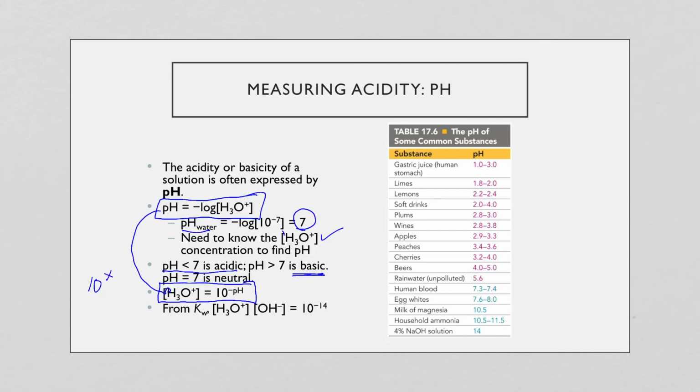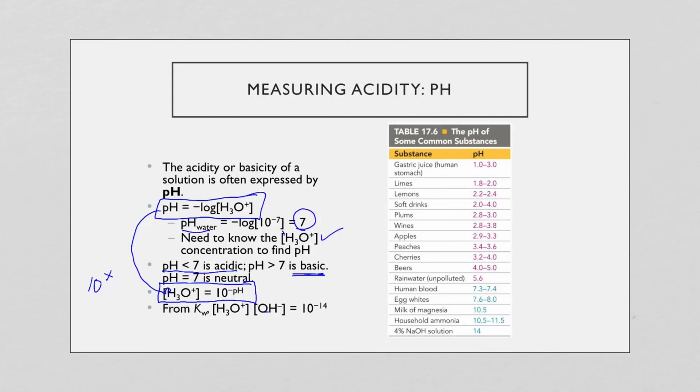And so if I know one of these, I can find the other one. So that gives me a way to get to pH. Or if I know the pH, I can find the hydronium. And if I can find the hydronium, that means I can find the hydroxide. So you can start to see how these equations are going to start to work together.